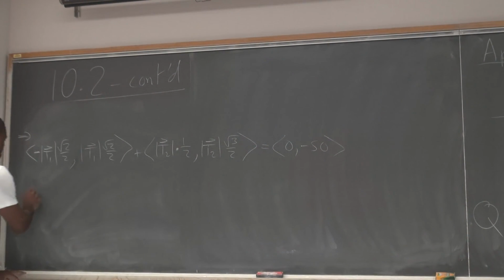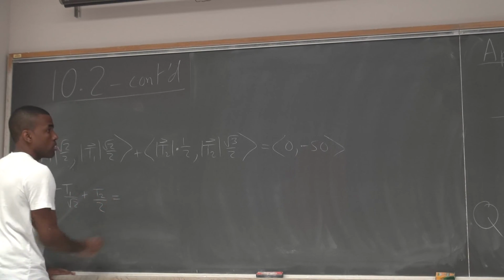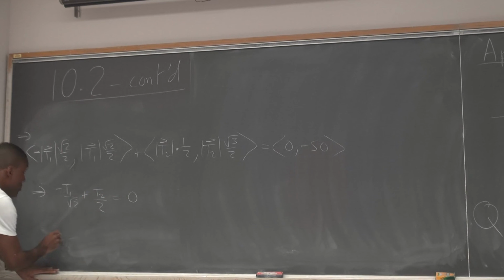So in other words, if I take minus T1 over radical 2 plus T2 over 2, that will give me 0.